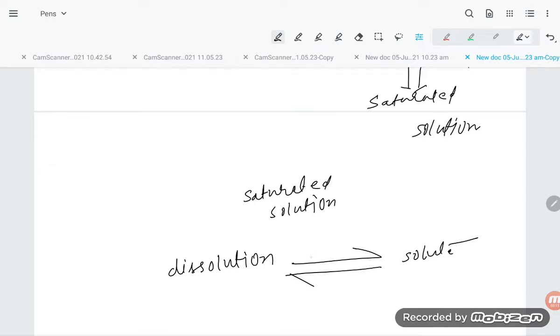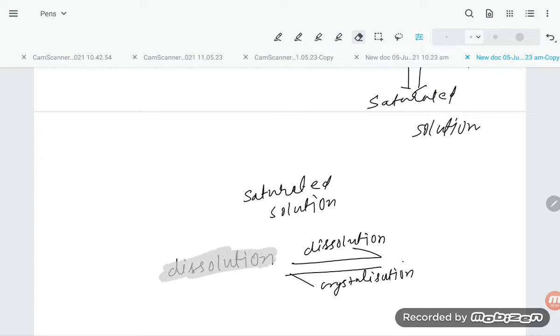Here is the dissolution, and downside is crystallization. This condition, on both sides, is a saturated solution.